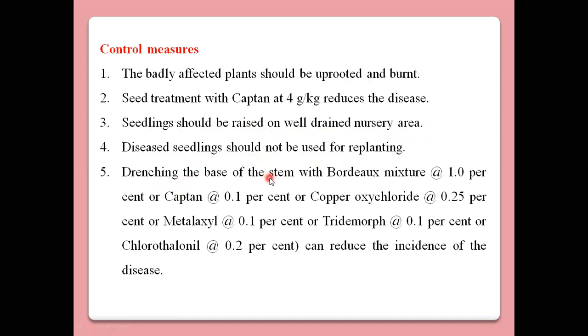Suppose the disease has already appeared in the main field. Then drench the base of the infected stem of the plant with Bordeaux mixture at the rate of 1%, or Captan 0.1%, or copper oxychloride 0.25%, or the recently most effective fungicide, metalaxyl, at the rate of 0.1%.